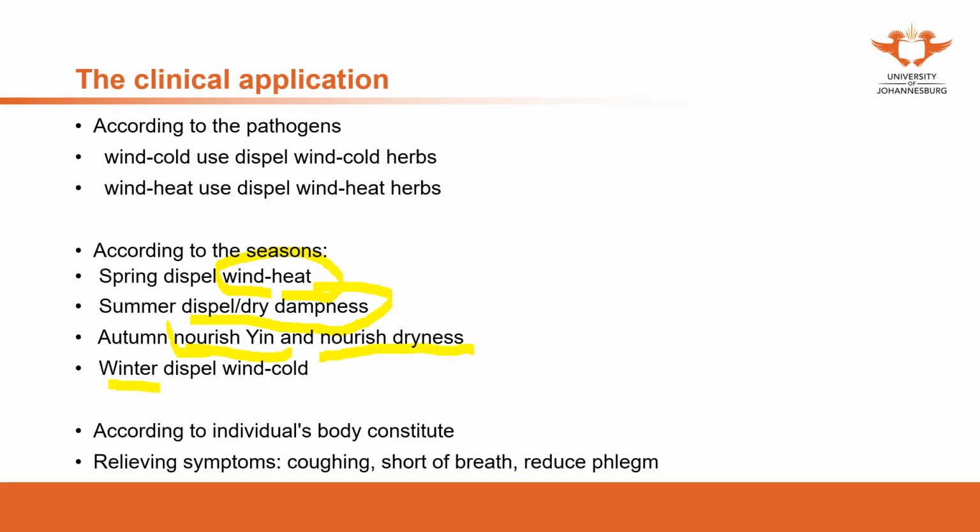In winter, dispel wind cold. So that's something you need to consider when you see a patient. This rule also can be applied in acupuncture treatment. When you see patients in different seasons, you also need to think about the weather, how the weather can affect our human body.